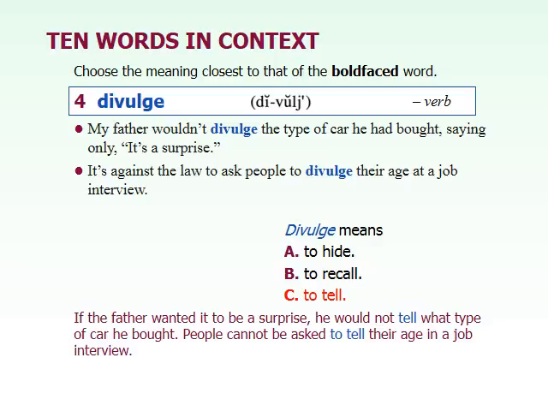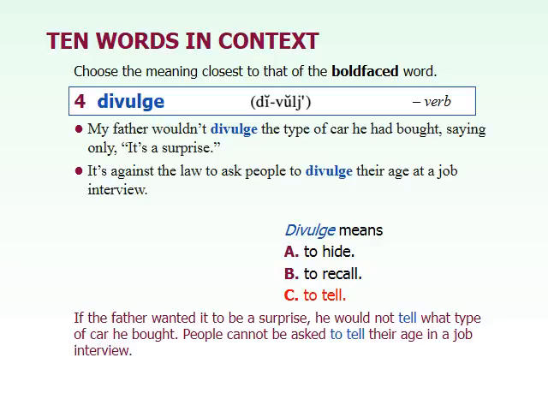So when we say divulge, you could say, tell me what time it is, or tell me where you're going. But we wouldn't necessarily say divulge where you're going, because divulge has more of a meaning that when you divulge something, you're telling something that is a secret, or that is unknown to most people.